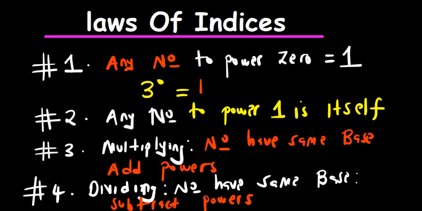Okay, so here, if I'm saying, let's say 2 to the power 2 divided by, since we're dividing, let's say 2 to the power 1. What this means, because we are dividing and the bases are the same, we're just going to subtract the powers.